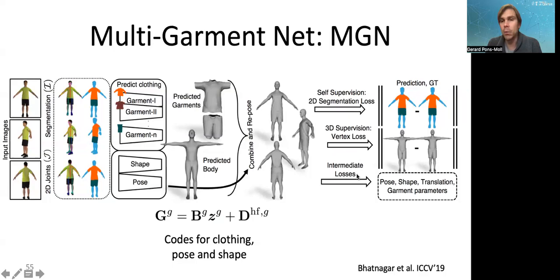And here again, the observation was that if you have a little bit of 3D data and then additional 2D data, then you can train this using this combination of these two modalities. Perhaps for clothing, you do need more 3D data than for estimating just the pose and the shape.